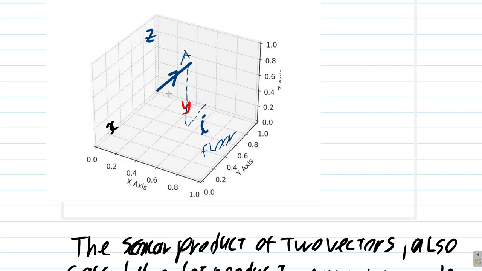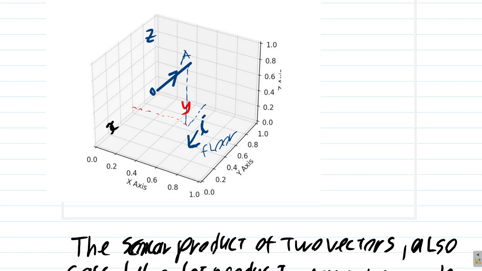Alright, this is the origin O. How far is it in the y direction? If you look at this distance, that's how far it is. Now remember, you see the I, it's this distance here. It is in the x direction. I is pointing this way.